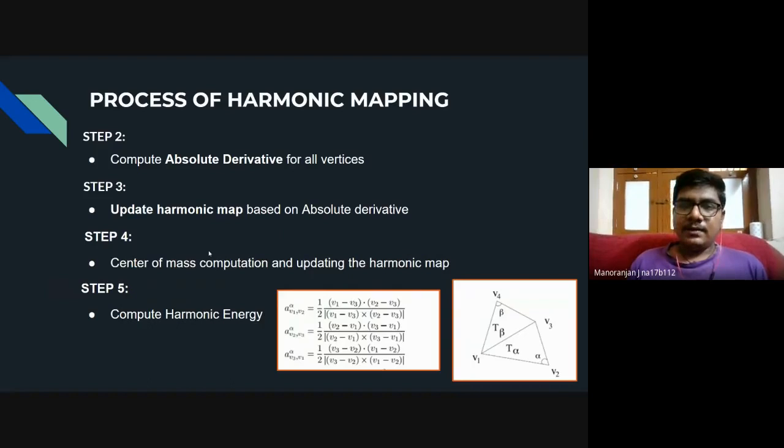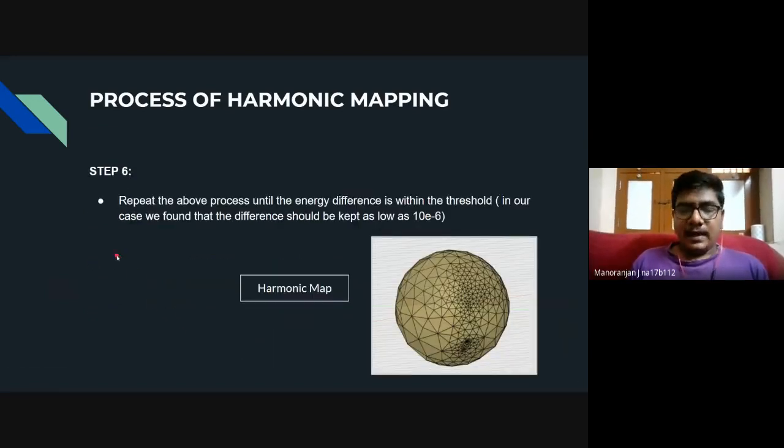We are doing that because there is a concept called Mobius transformation. To make it unique for a particular object, the harmonic map should be unique. So to do that, we will be updating this as well. And finally, we'll be computing the harmonic energy, and it's similar to what we are doing in the Tutte mapping as well.